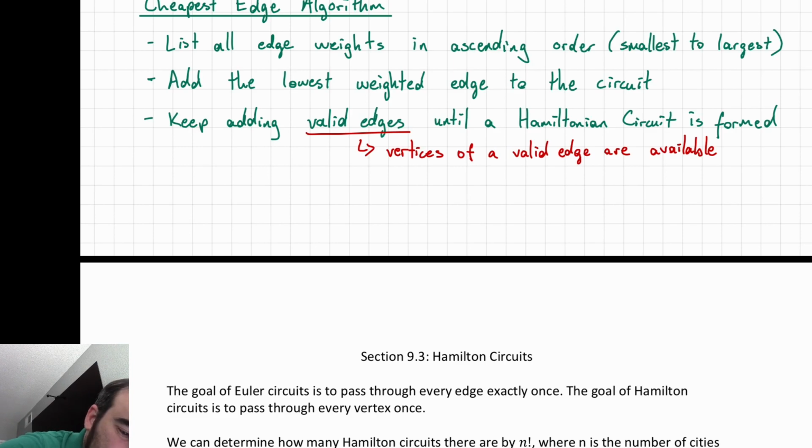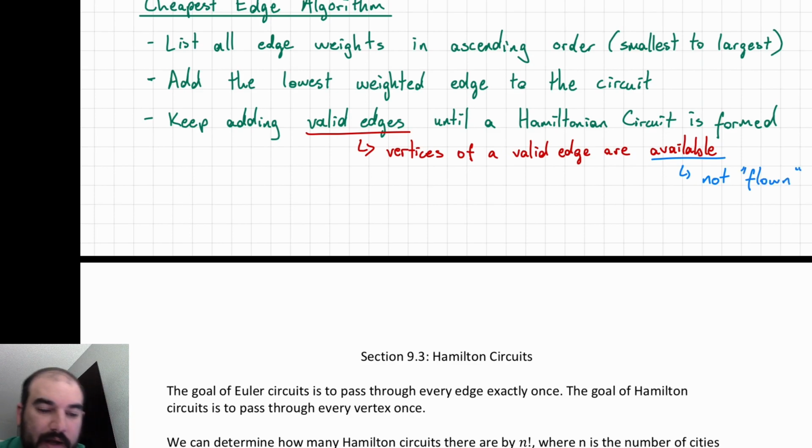Now that word available also means something. And available, I'm going to describe that as being not flown. And the word flown there comes from air flights, like flying to a city and then flying away from that city. So I'm going to draw a little picture here.